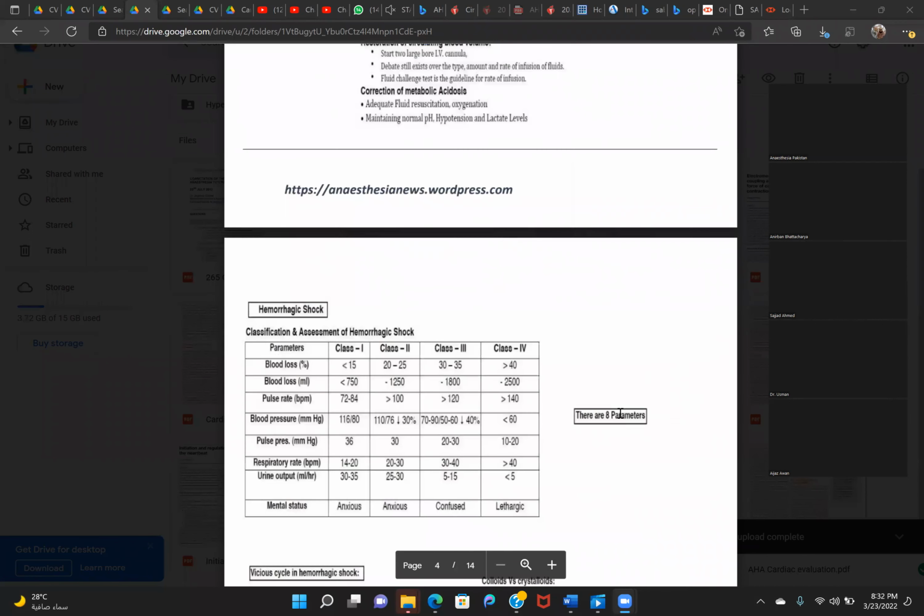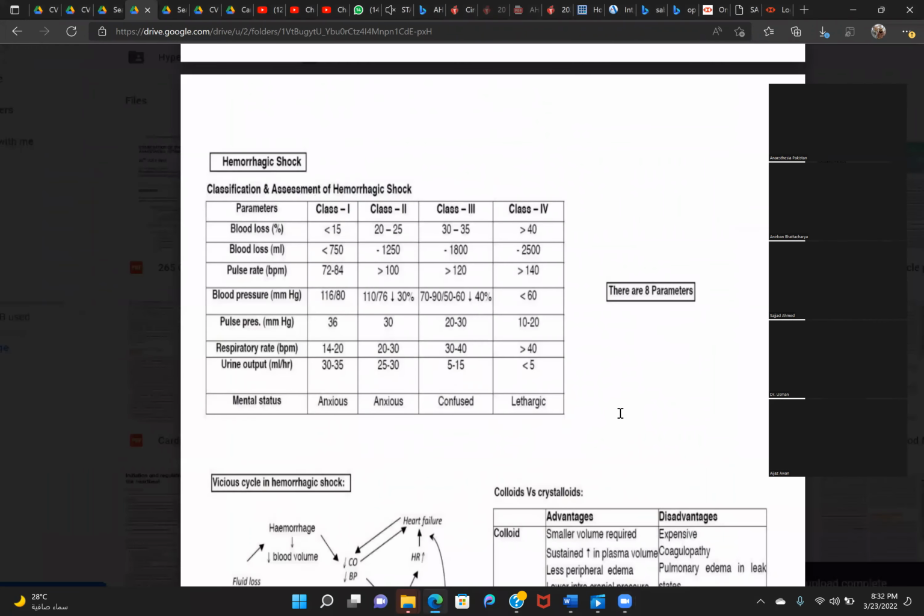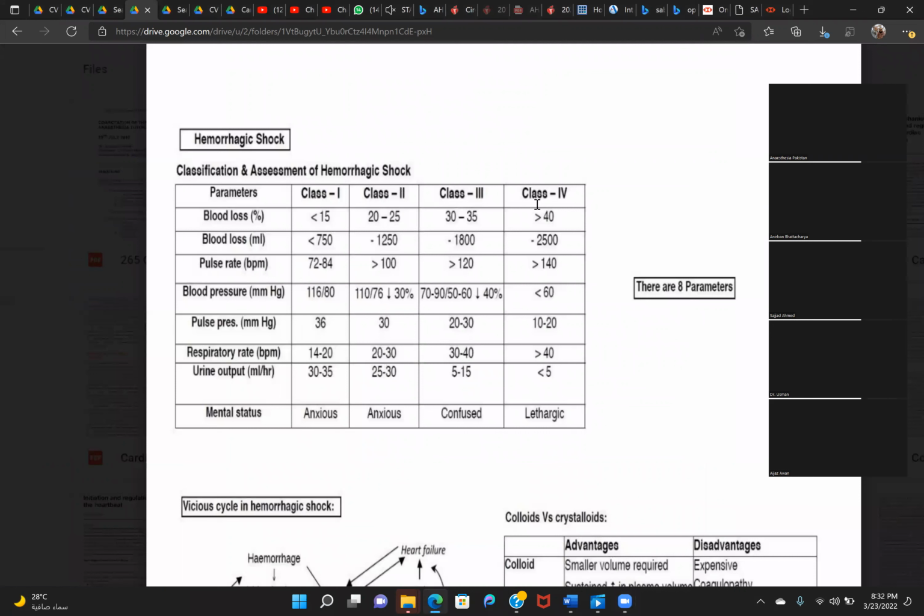This is also important: the assessment of hemorrhagic shock, class 1, class 2, class 3, class 4. Usually in class 3 and class 4, you need to transfuse blood. This loss is also dependent on the initial hemoglobin, the baseline at which this disaster started.